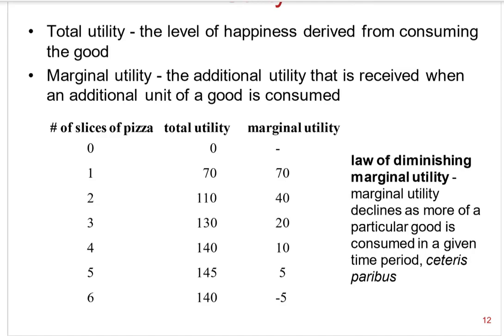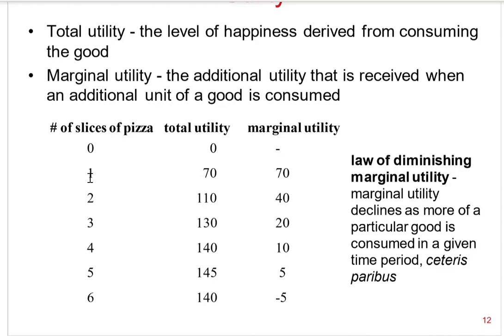So briefly about utility here. The total utility is the total level of happiness or satisfaction from consuming a particular good, for example. Marginal utility is the additional utility that we get from consuming that additional unit of a good. Here's a good example. The first column shows the number of slices of pizza, the second column is total utility, and then the marginal utility column. When we have 0 pizza, obviously total utility is 0, there is no marginal utility.